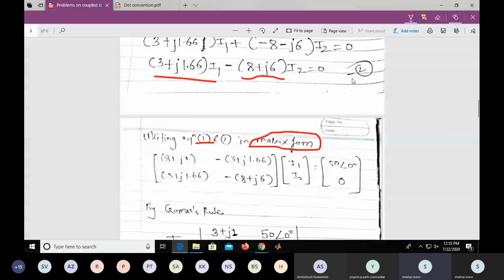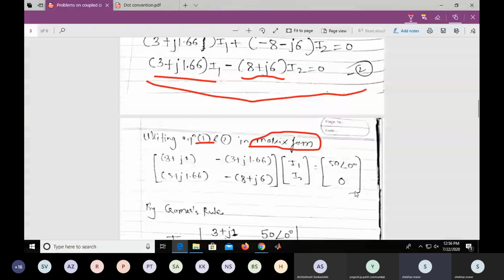Then this is your equation number 2: 3 plus J 1.66, then minus 8 plus J6, and then I2 and then 0. So you have to write these two equations in matrix form. Have you understood this part? You have written equation number 1 and 2 in matrix form. Yes, sir.